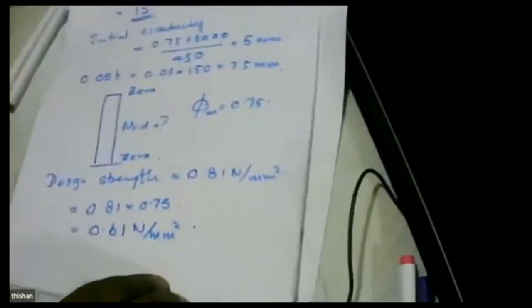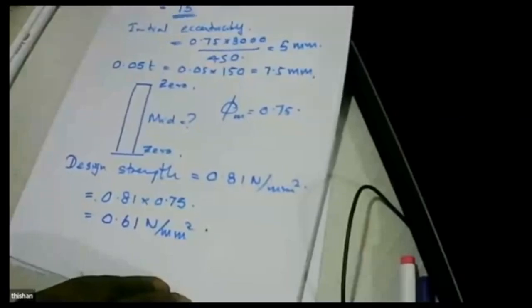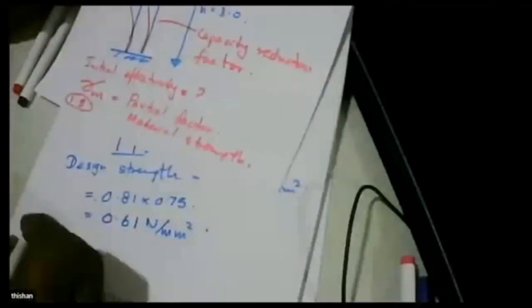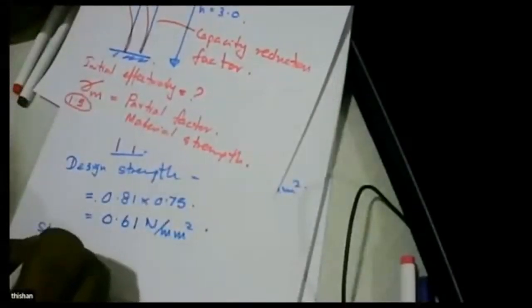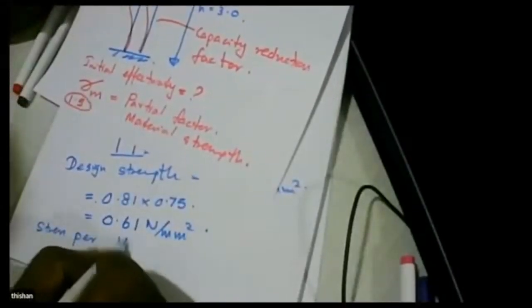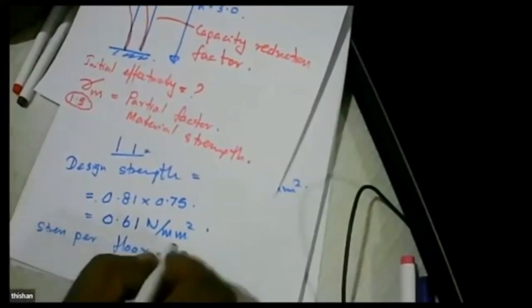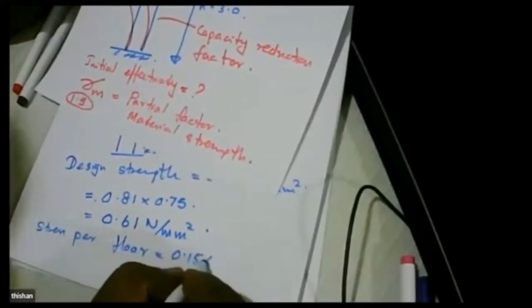And from one floor, you can see we have calculated earlier the stress per floor comes to 0.154. Stress per floor is 0.154.